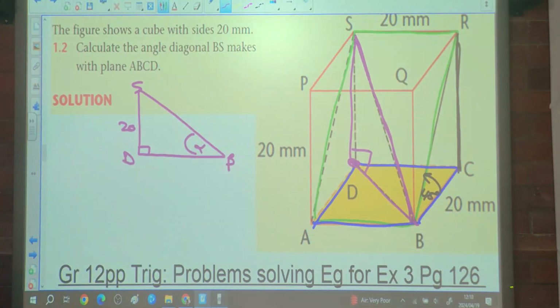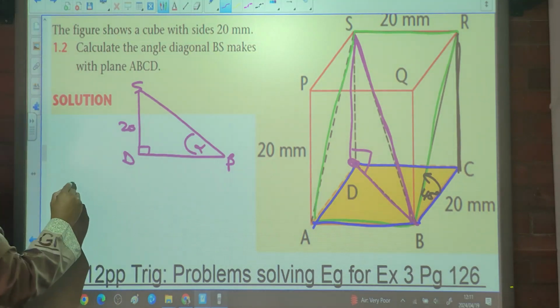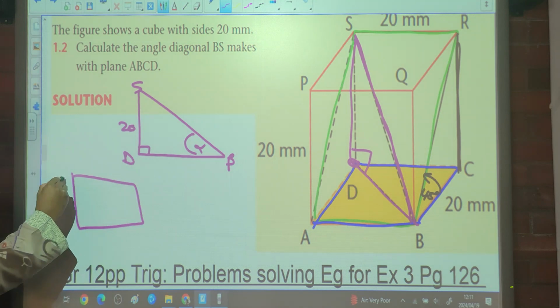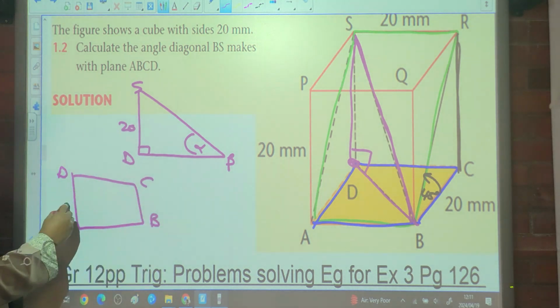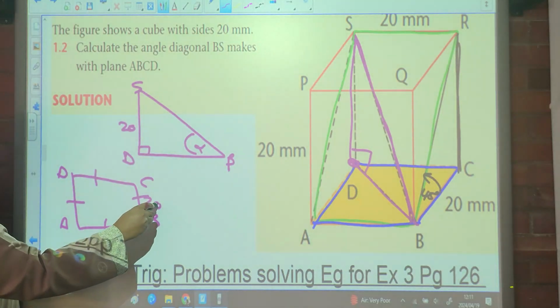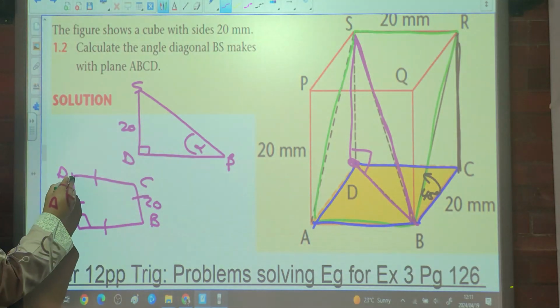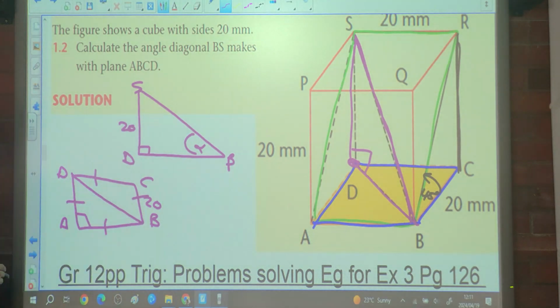Which one of the two can I calculate at this stage? BD is what? The diagonal of the plane here. If you look at this here, what shape is ABCD? A square. This is all 20, not so? This is 90. Now DB is this length going down again.